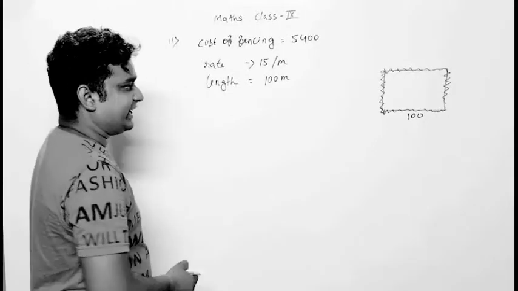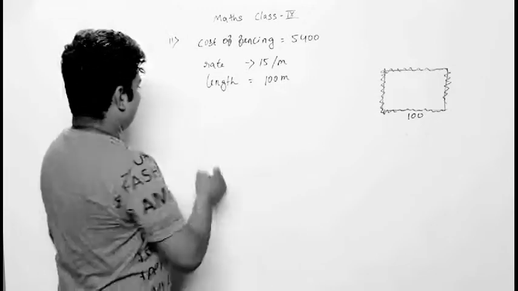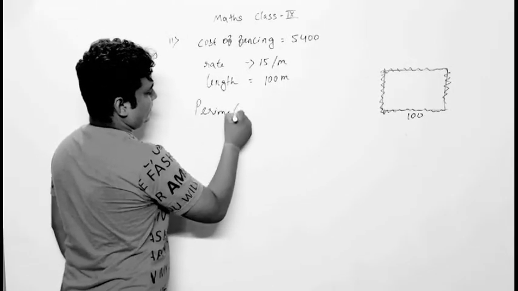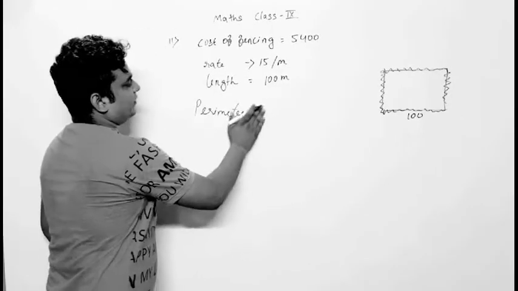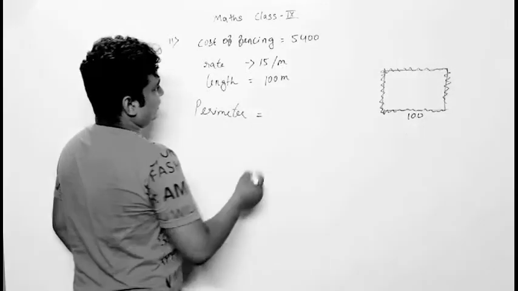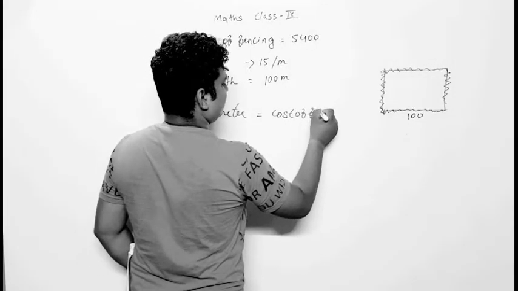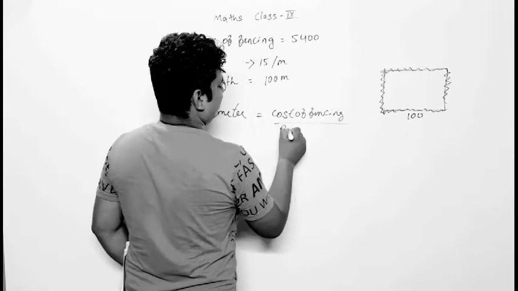So from here we will get the perimeter. In order to find the perimeter, the perimeter of the garden will be the cost of fencing divided by the rate of fencing.